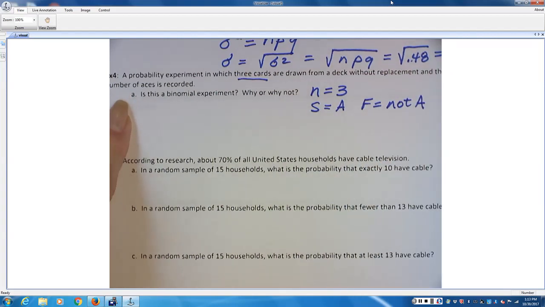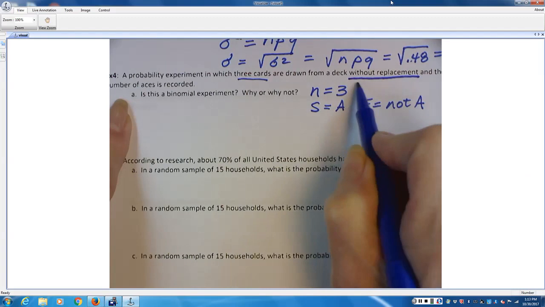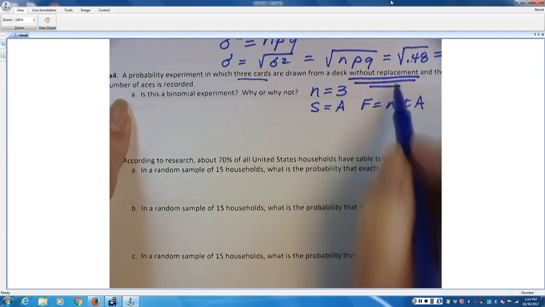But are the trials independent? That's right. Right here. Without replacement.